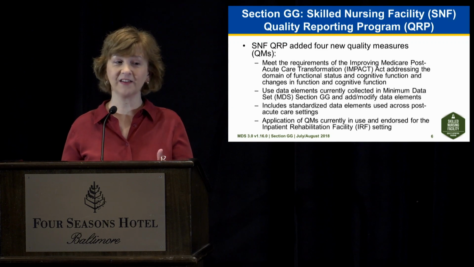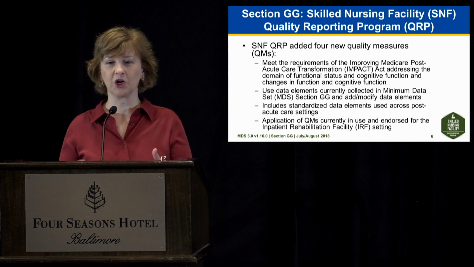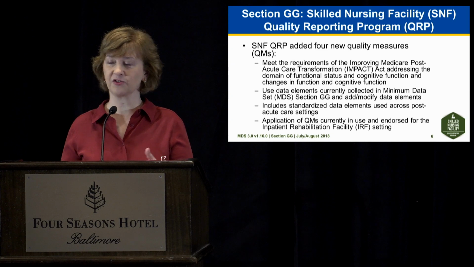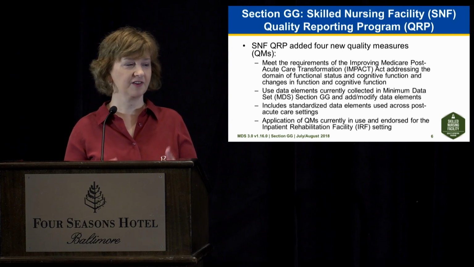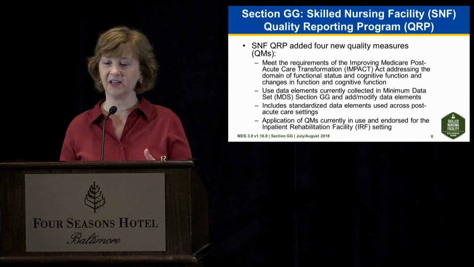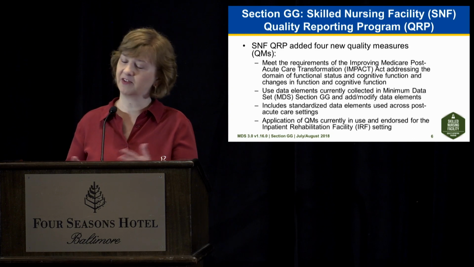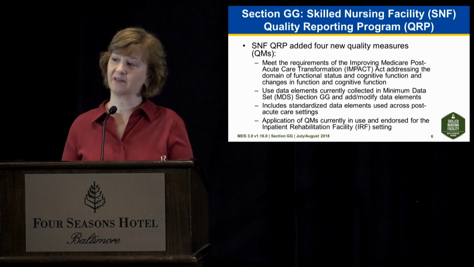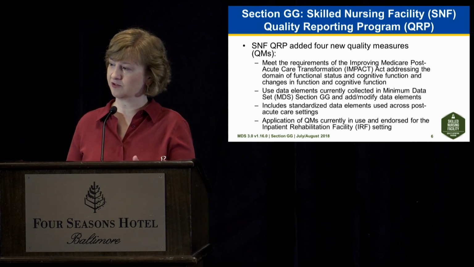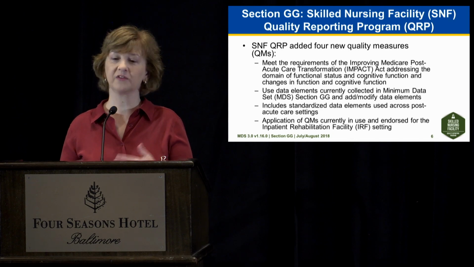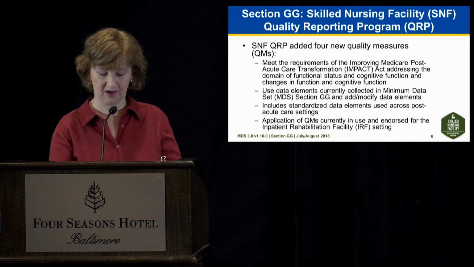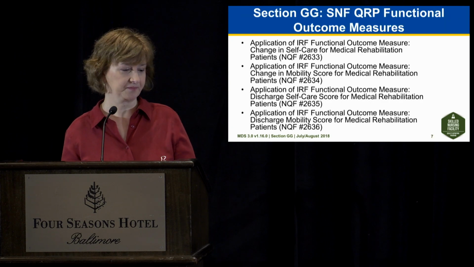So they're not exactly the same. We did a lot of work to try and align the measures as much as appropriate, but when there are differences in the patient populations, for example, in inpatient rehab facilities and skilled nursing facilities, we found sometimes different risk adjusters, and so we used the data to inform our decision-making on risk adjustment.